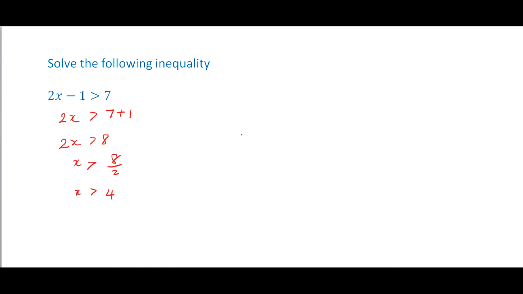And sometimes you're asked to represent it on a number line. So what you do is draw a line and, let's say, you start from 0 if you want: 1, 2, 3, 4, 5, 6, 7, and we draw a circle at 4.